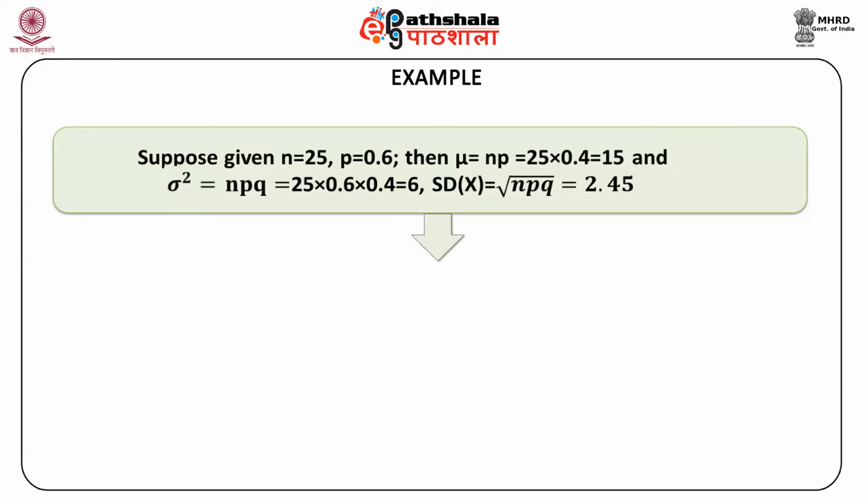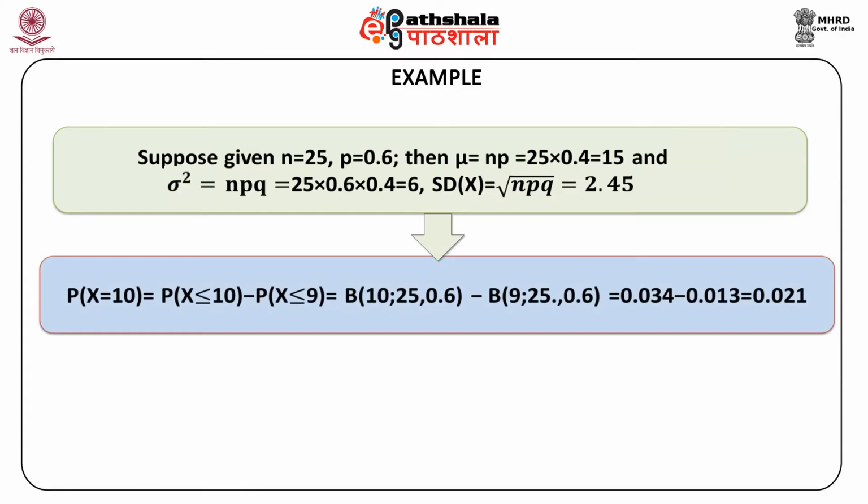Then the probability of x equal to 10 is equal to the probability that x is less than or equal to 10 minus the probability that x is less than or equal to 9, which is equal to B(10; 25, 0.6) minus B(9; 25, 0.6), which is equal to 0.034 minus 0.013, which is equal to 0.021.